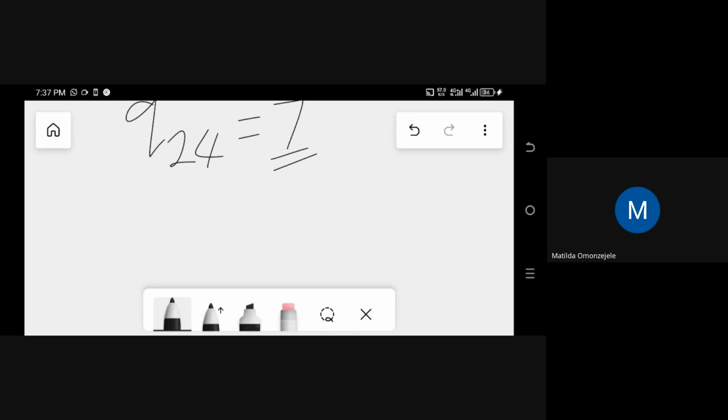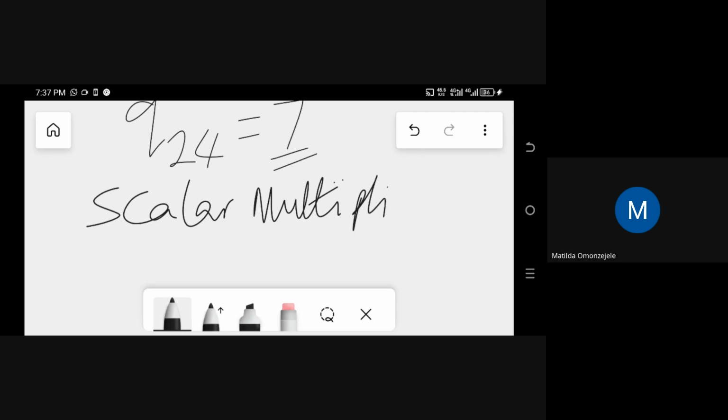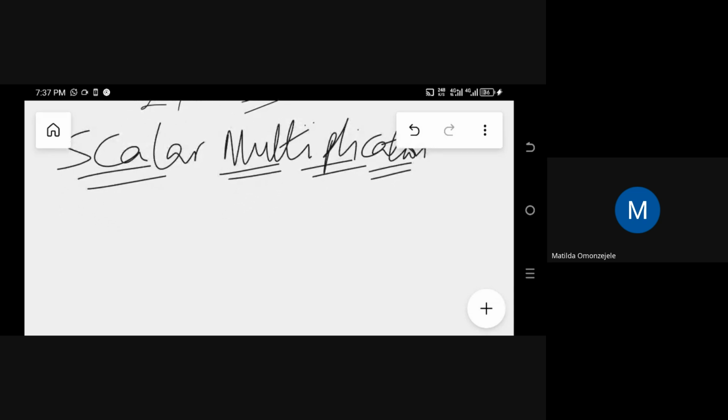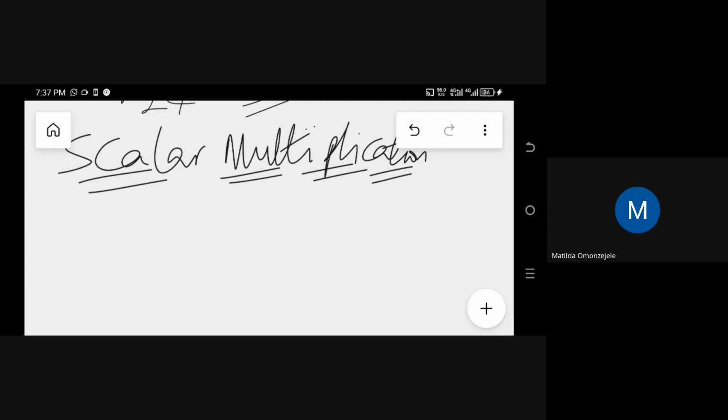Now we're proceeding to the scalar multiplication of matrices. So looking at scalar multiplication of matrices, how you multiply a matrix by a scalar.